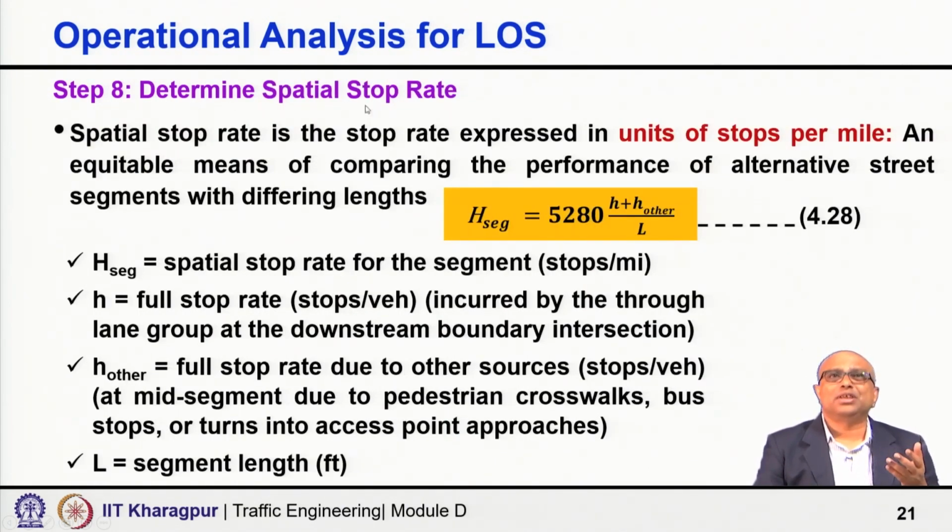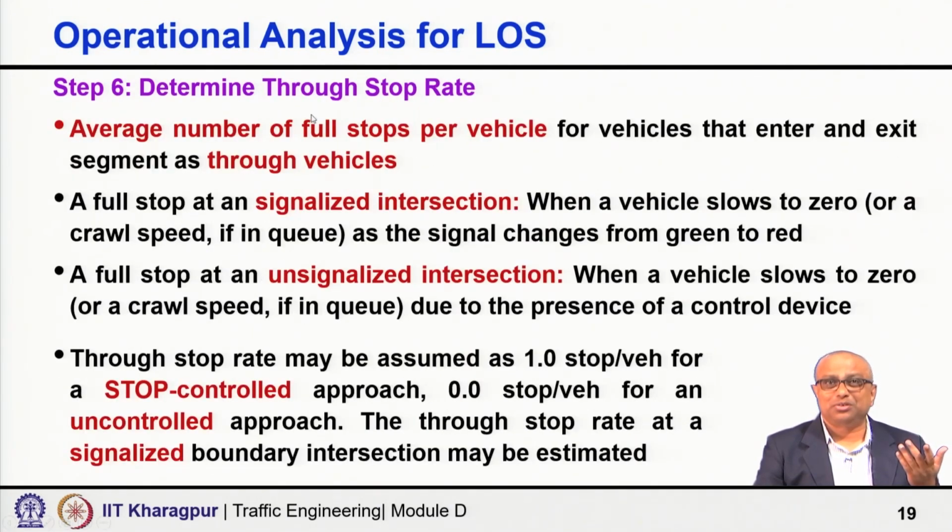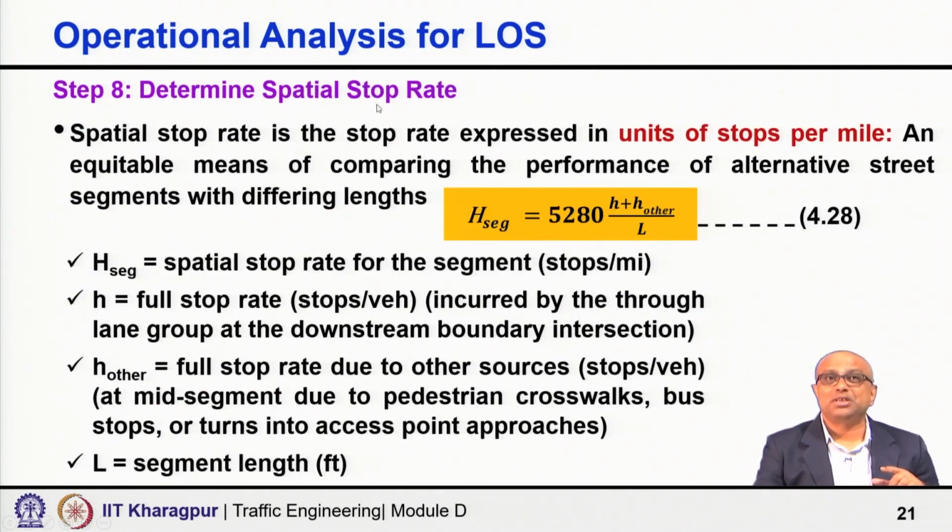Now, step 8, determine spatial stop rate. Earlier we determined the through stop rate, the average number of full stops per vehicle, but here we are talking about the spatial stop rate. That means the spatial stop rate is expressed in terms of units of stops per mile.